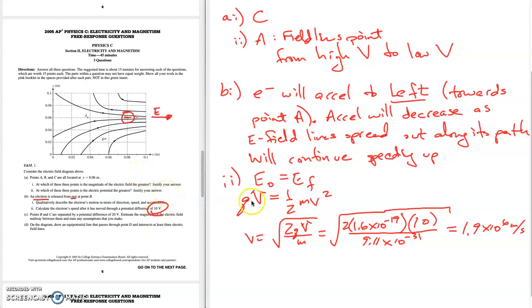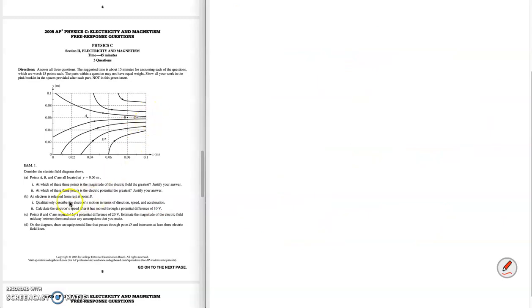All right, I need to clear this out so I can have space for C and D. All right, points B and C. Okay, so B is at 0.08. C looks like it's at 0.09, both measured in meters. And they're separated by a potential difference of 20 volts. Let's get the size of the electric field. All right, so E is minus delta V over delta X, and they said magnitude.